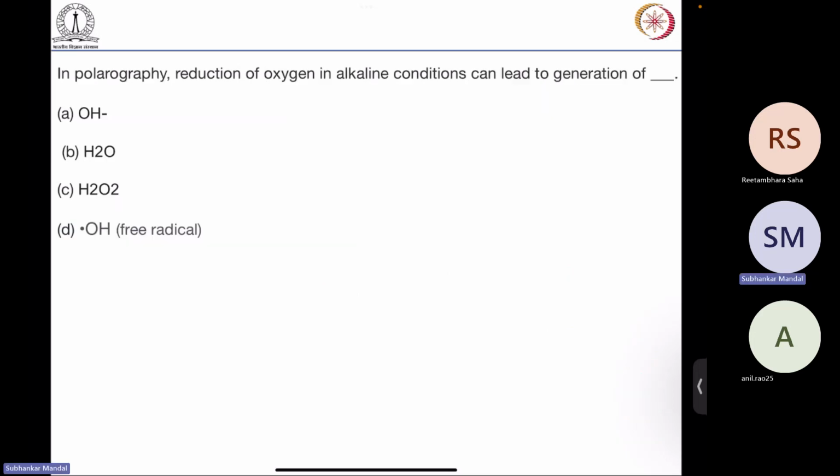Next question. In polarography, reduction of oxygen in alkaline condition can lead to generation of OH minus, H2O water, hydrogen peroxide H2O2, or OH radical. This is a free radical. Which one will be the answer? Oxygen reduction. Can anyone tell?